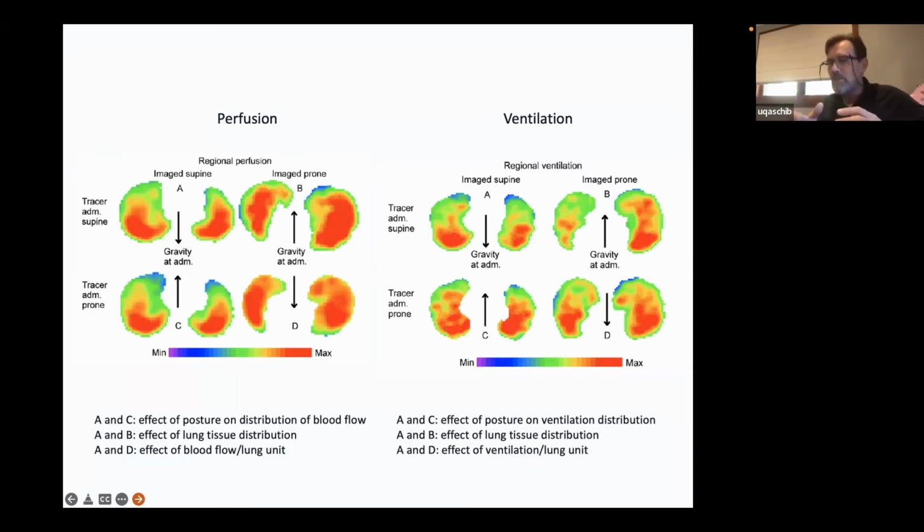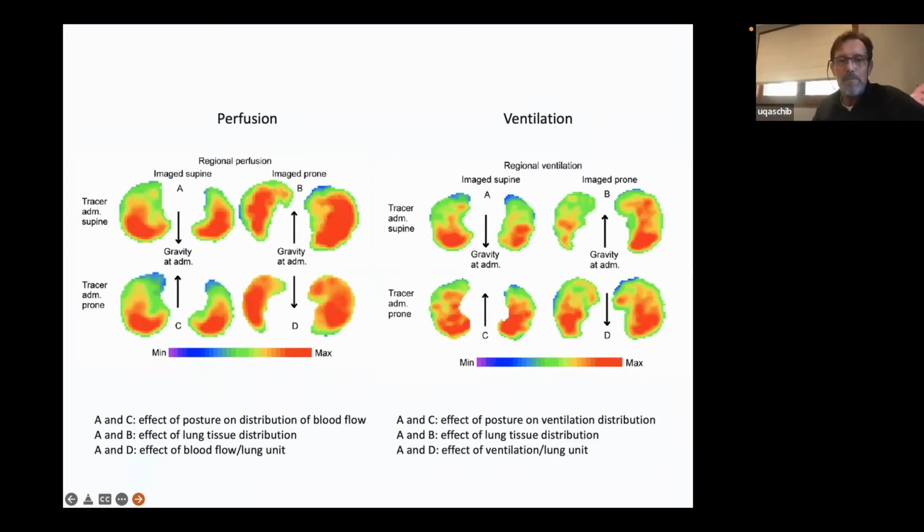And we know lung tissue is quite movable within the chest, and gravity has quite a significant effect on it. Now, with the perfusion on the left-hand side, again, the tracer is administered in supine position. And you can see that the tracer as well goes more to the dorsal aspect. And again, gravity has an impact on where the perfusion is going.